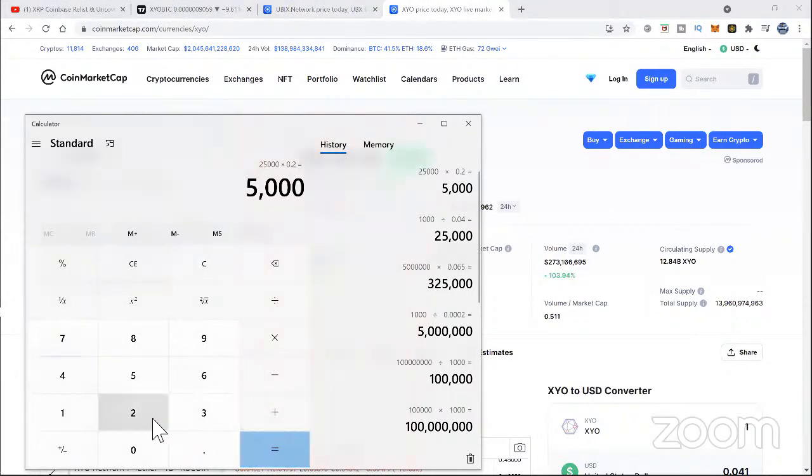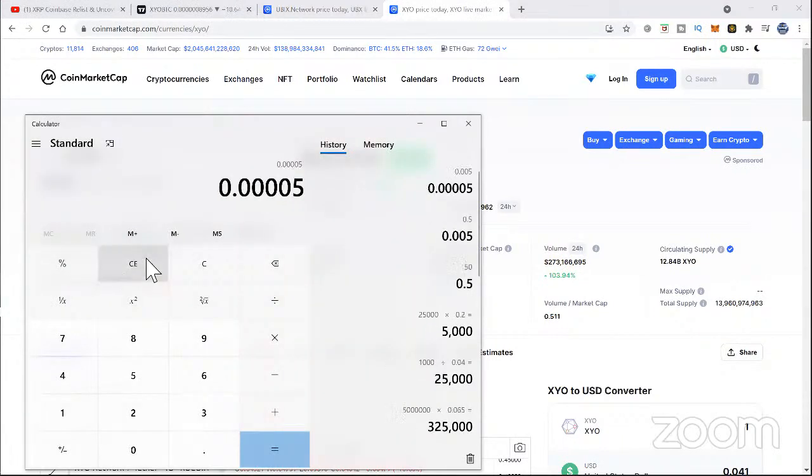Not bad at all. And then if it actually hits 50 cents, which I believe is very reasonable, and that is one of my major targets, the 50-cent level. So we're gonna put 25,000 times 50 cents.